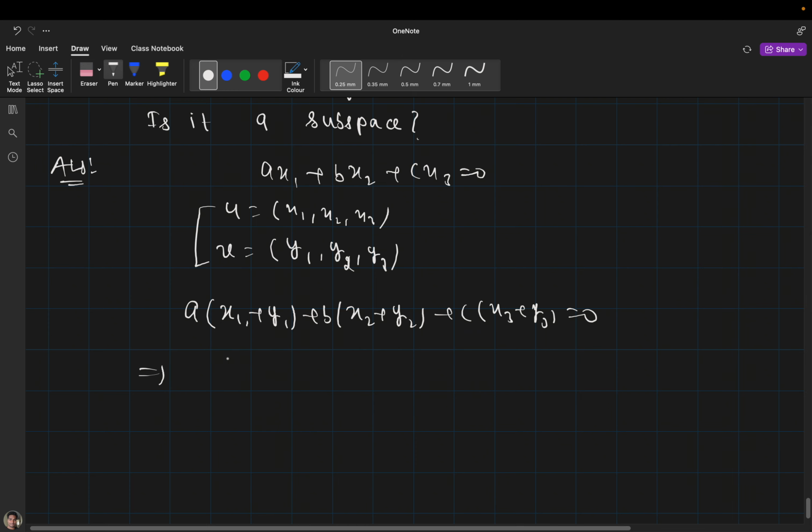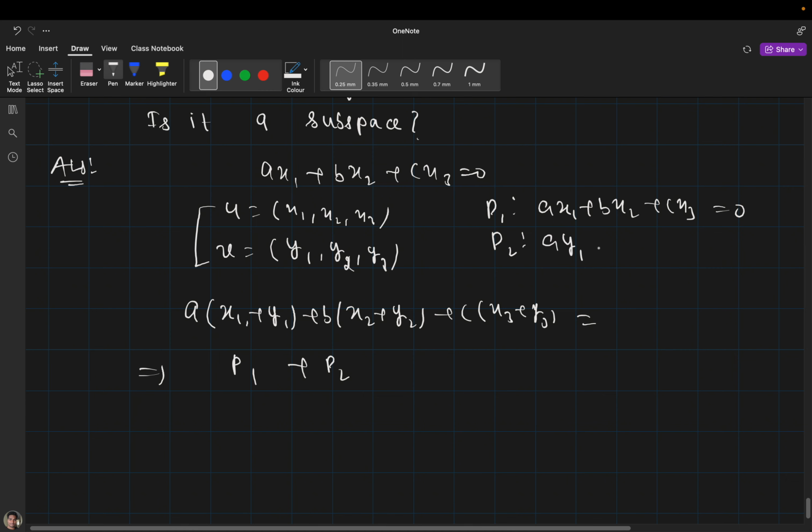You will get plane 1 plus plane 2. Just check whether it is 0 or not. This is nothing but p1 plus p2. And what is p1? P1 is a x1 plus b x2 plus c x3 equal to 0. And what is p2?